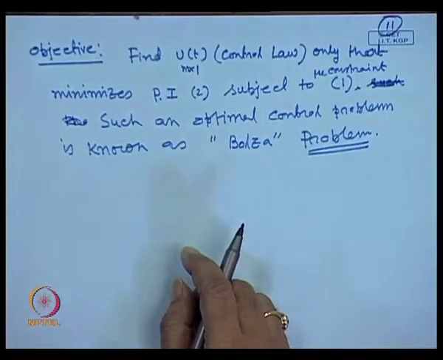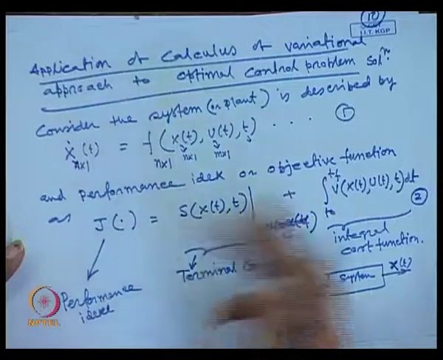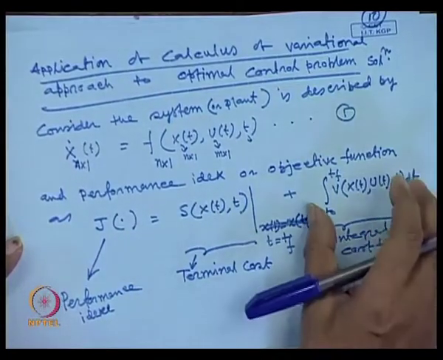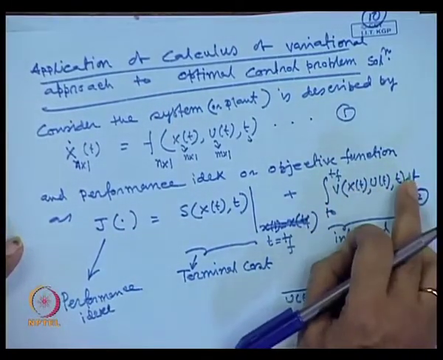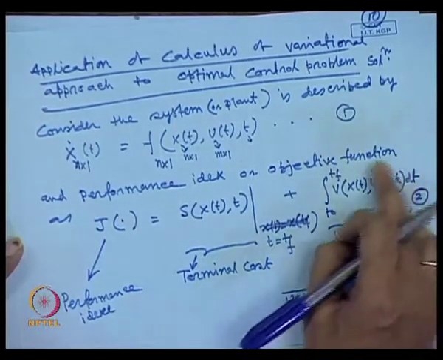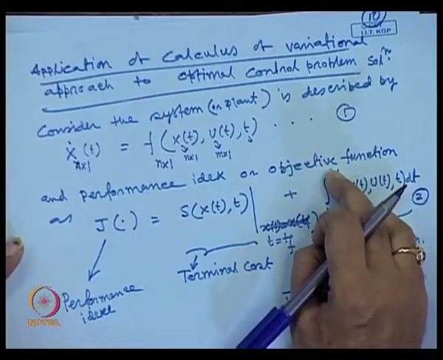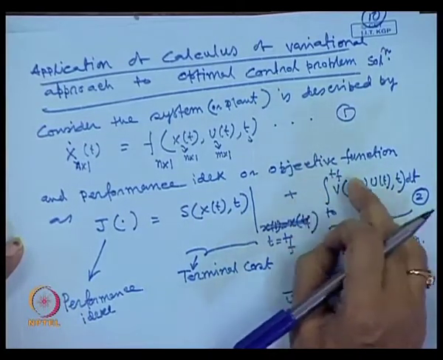Now, let us see what the difference is from the earlier problem. We have the same thing here. In the earlier problem also we had the integrand, integrating from 0 to T of f, and that functional we had to minimize.